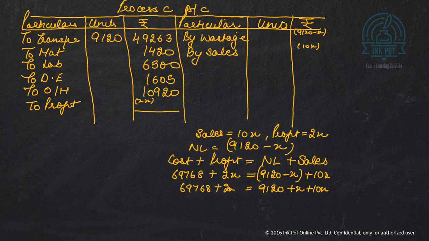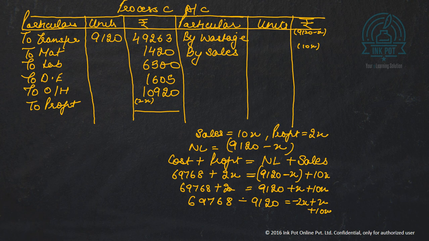So 69768 minus 9120 is equal to x plus 10x, right?